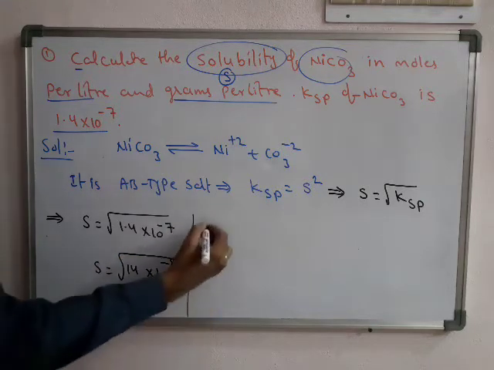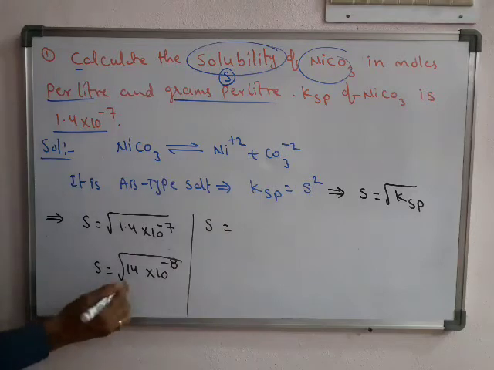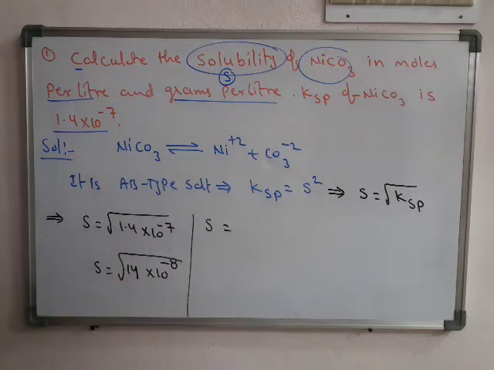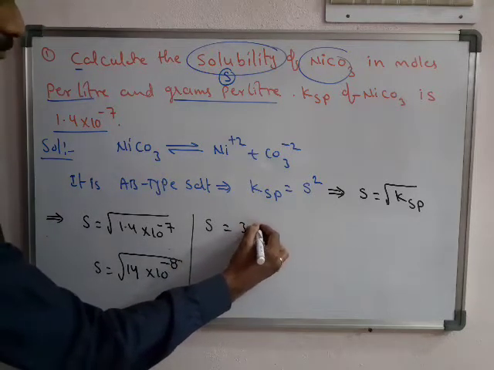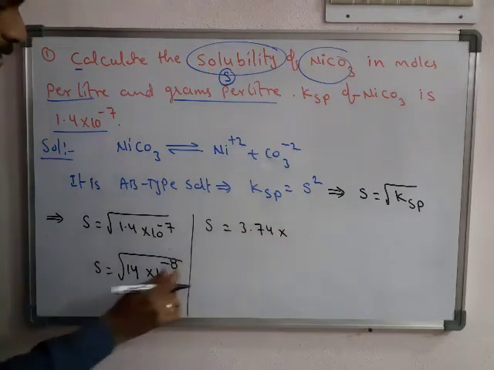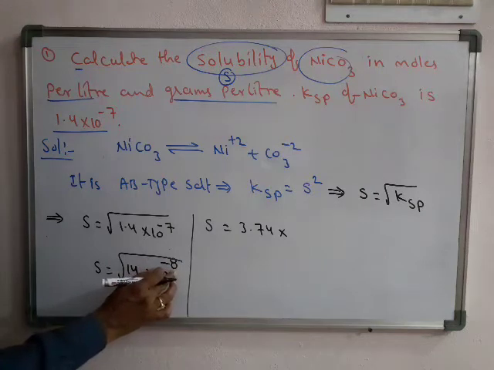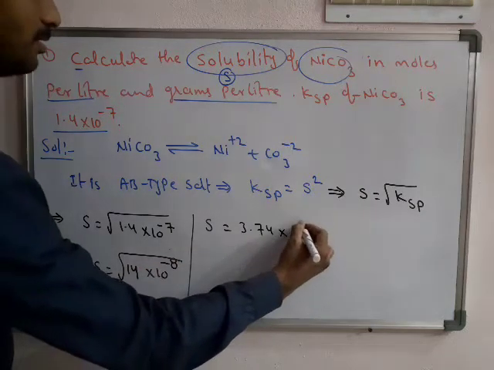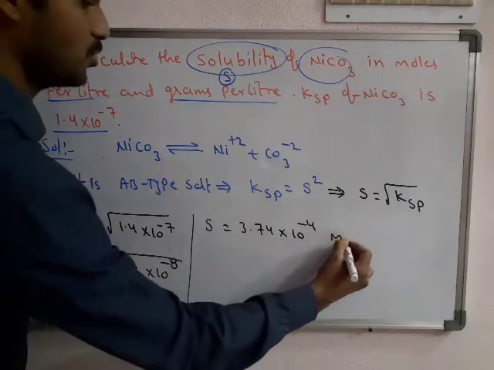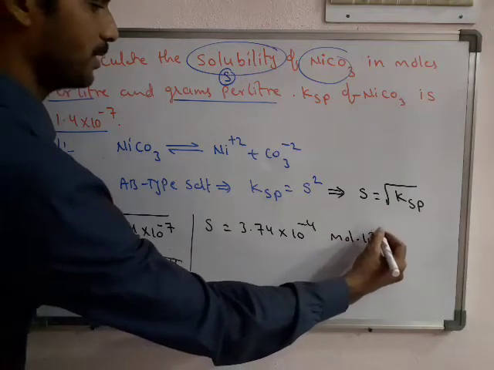So it is known that root 14 value is 3.74, and 10 power minus 8 under the root becomes 10 power minus 4. S means, what are the units? Moles per liter.